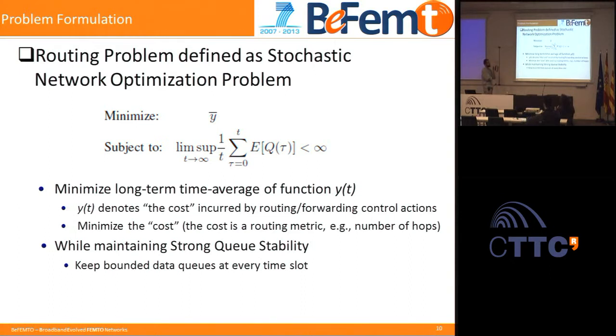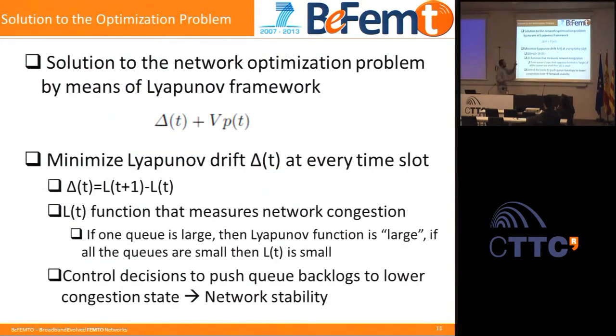What theory says is that if you comply with these constraints, they solved it initially with the Lyapunov framework. They were not as worried about the cost function as they were about network stability. So they took decisions to always minimize the congestion state. Theory says that if you put input rates inside the capacity region, you get all the flows out of the network with the network being stable.